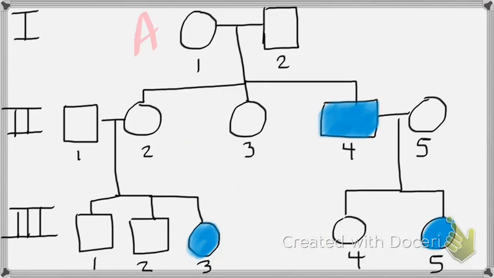Now, how did you know it was big A, little a? Because one of their children has it. That's right. So clearly this one is also the same. It's the only way you could have two unaffected parents and then an affected child. Everybody okay with that?